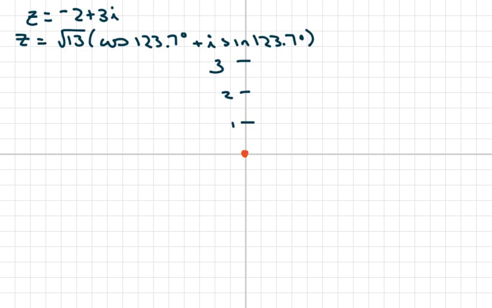I'm just going to estimate square root of 13's in between 3 and 4, so it's about here. Maybe it should be a little closer in. And then you're going to draw the angle here. And there it is. This should be straight though, the line.